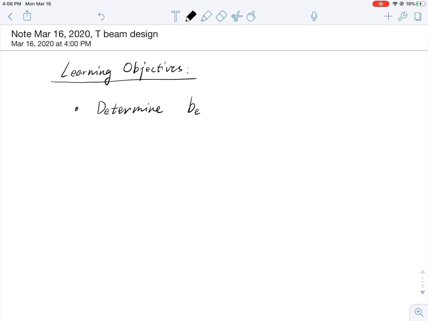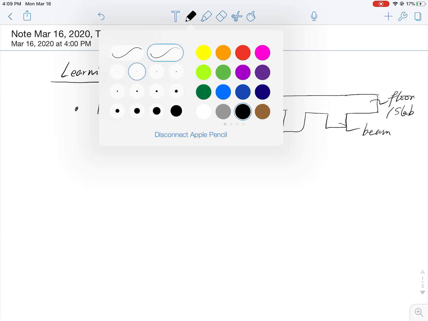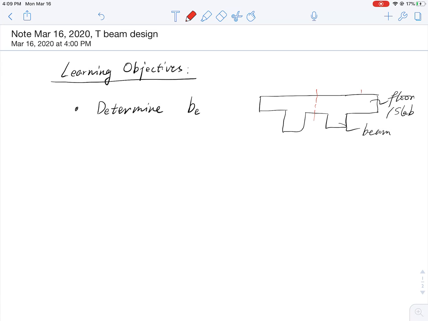Quickly recall, this is the T-beam. We're looking at basically a floor or slab with a beam. Essentially we're trying to determine the effective flange width.